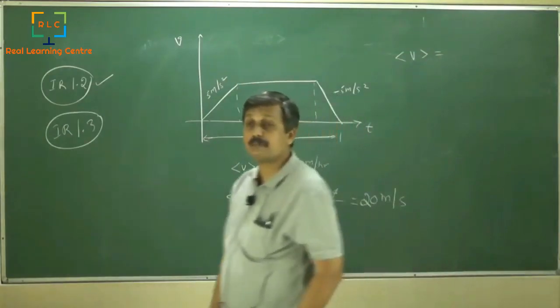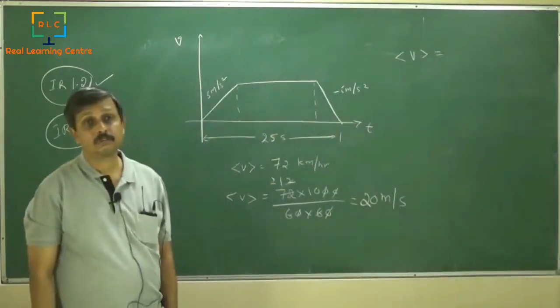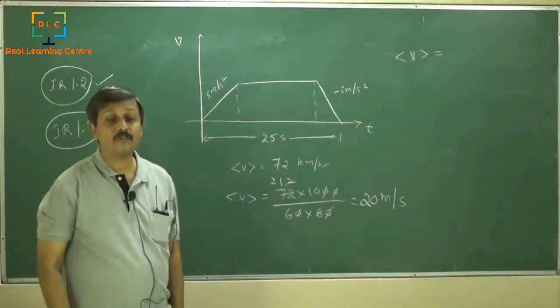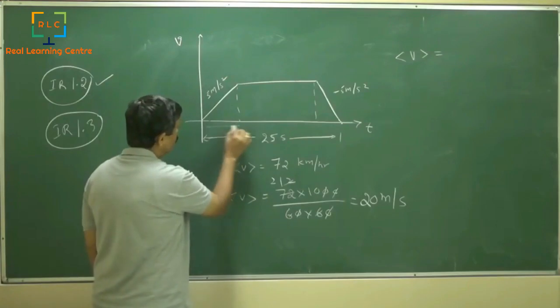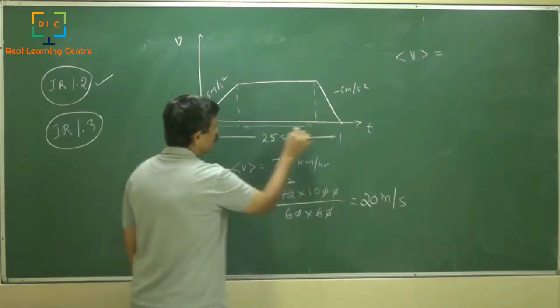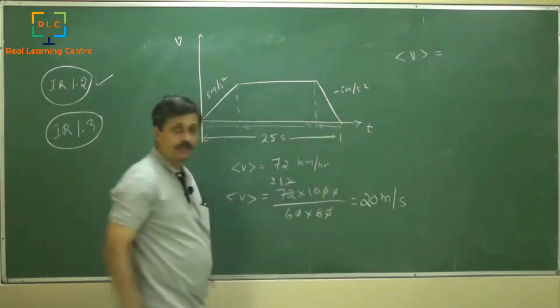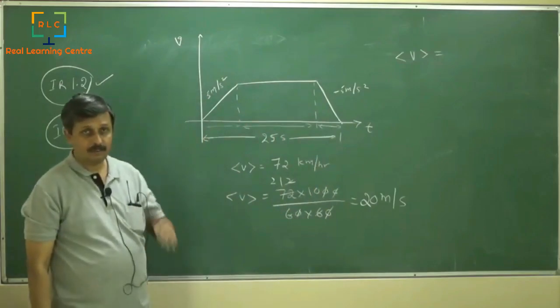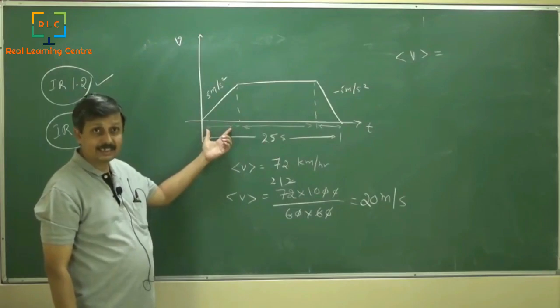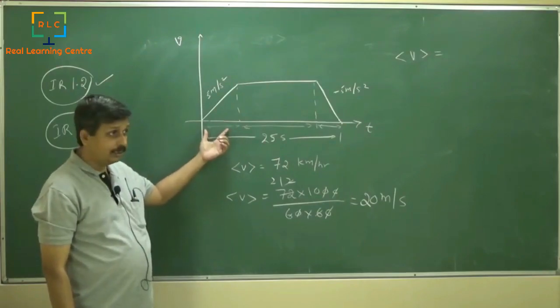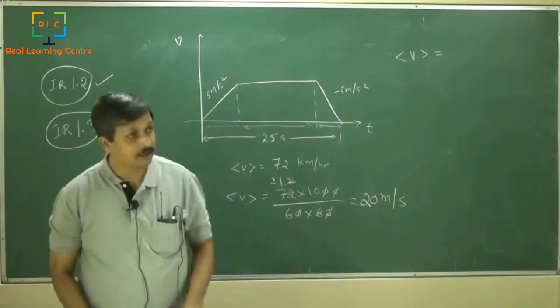So what is the total displacement? It is this distance plus this distance plus this distance. Average velocity is equal to total distance by total time.